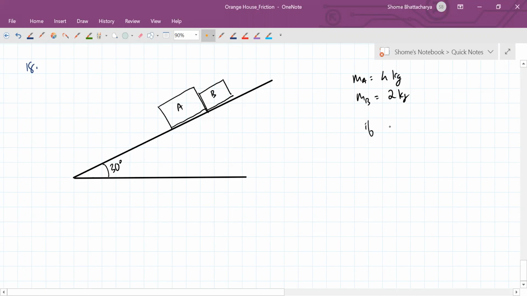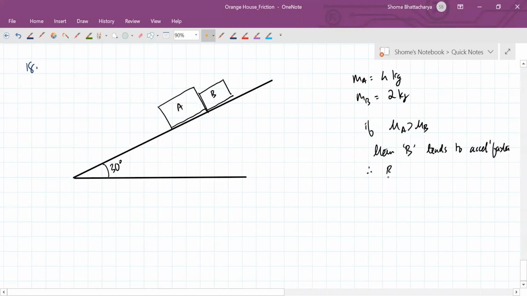So if the coefficient of friction for A is greater than the coefficient of friction for B, then B tends to move, it tends to accelerate faster.